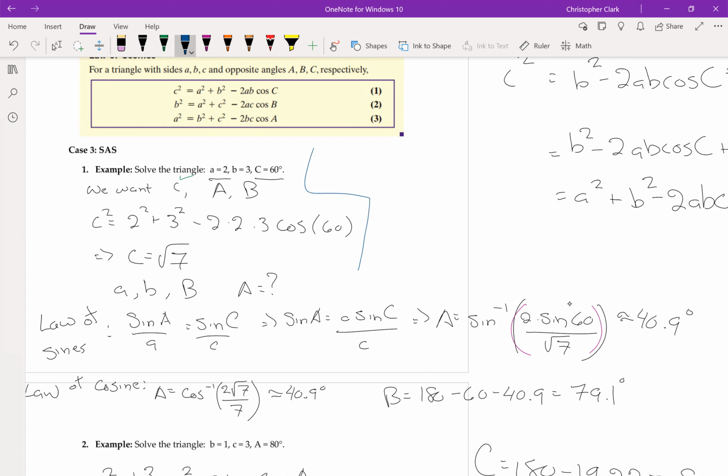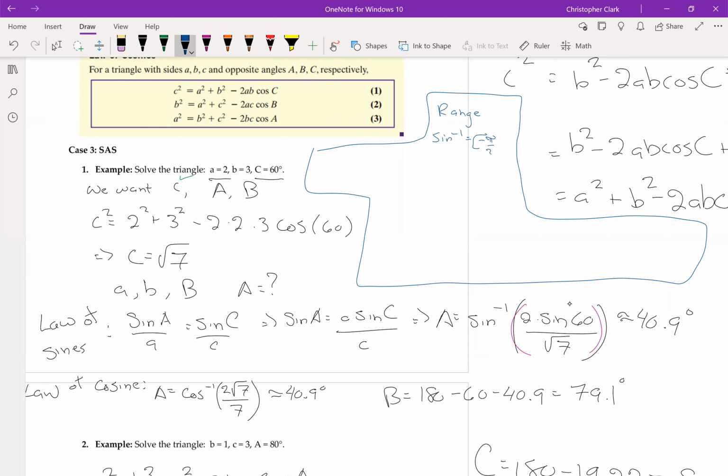So we'll go ahead and block this off, and we'll say, all right, the range of sine inverse is negative pi over 2 to pi over 2. Now that is quadrant 1 and quadrant 4. So this is fine, and this essentially cuts us off.